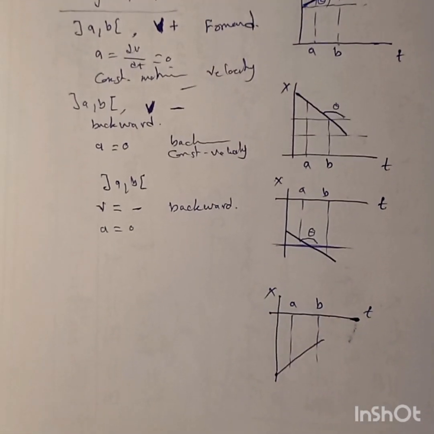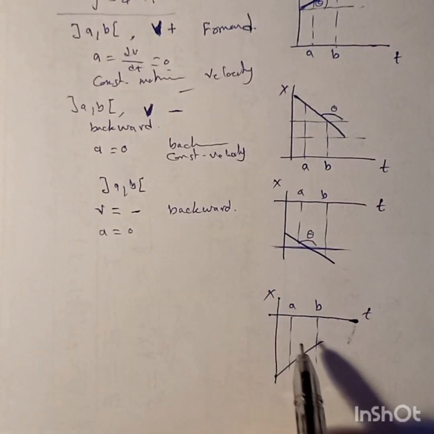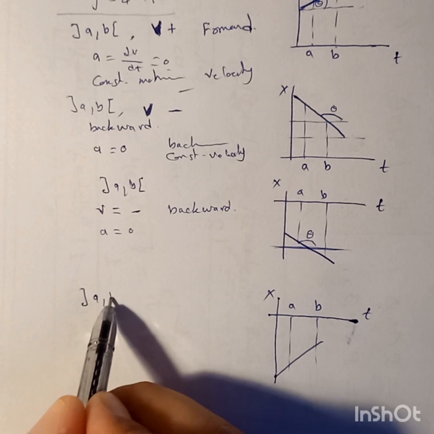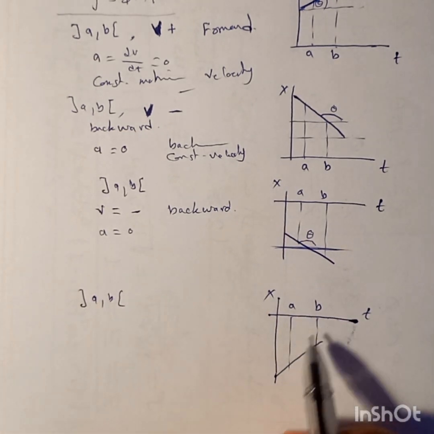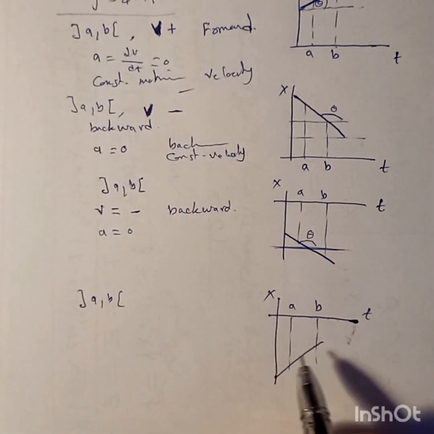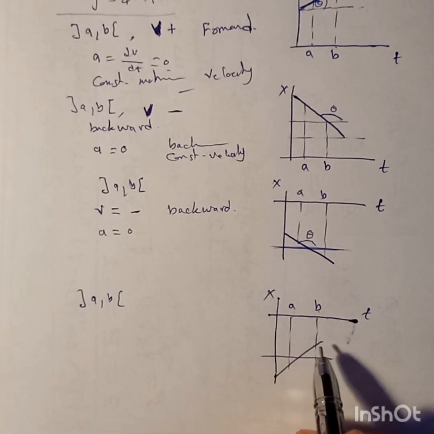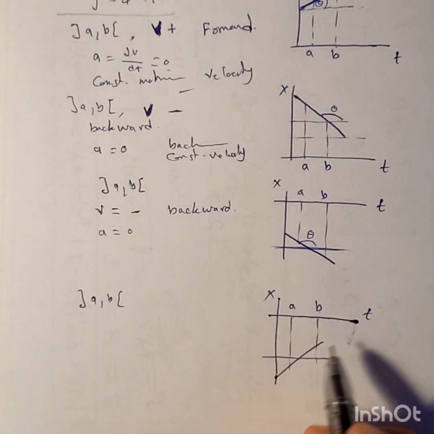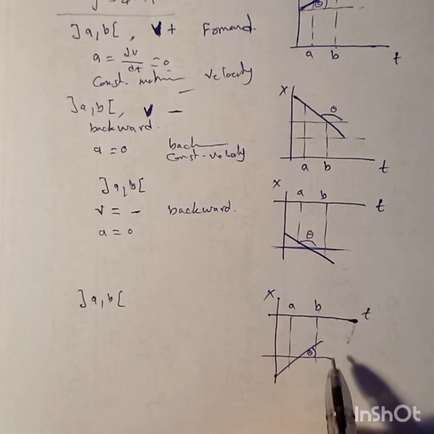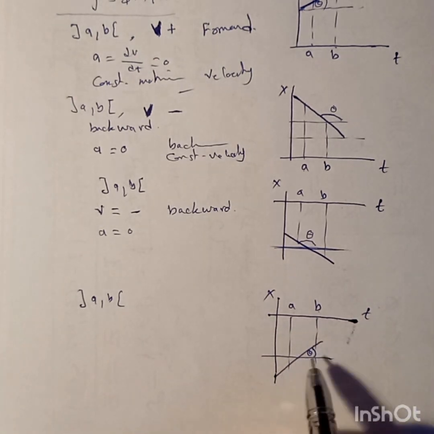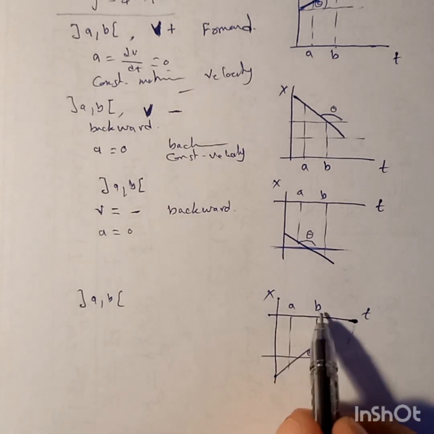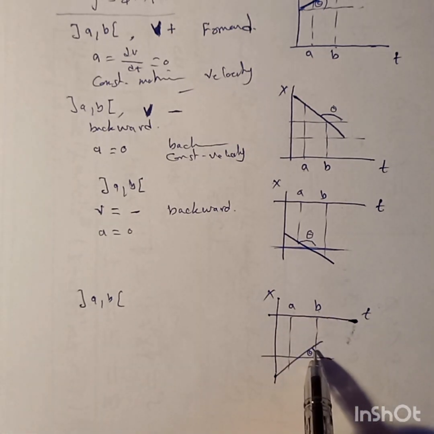Okay, for the last curve we need to find within a and b the sign of the velocity. If we draw a horizontal line parallel to the x axis, then theta, made by the tangent with the horizontal within a and b, is acute.